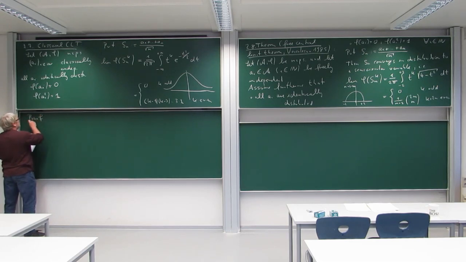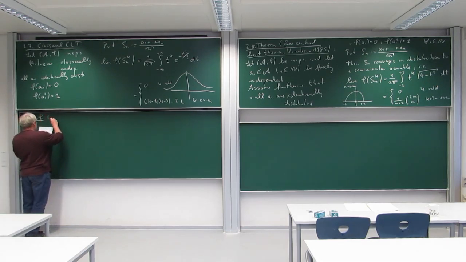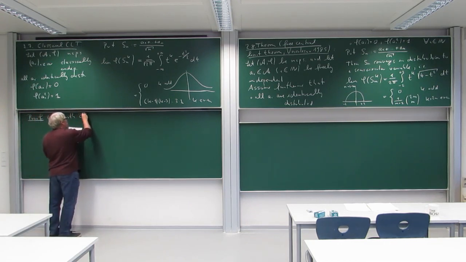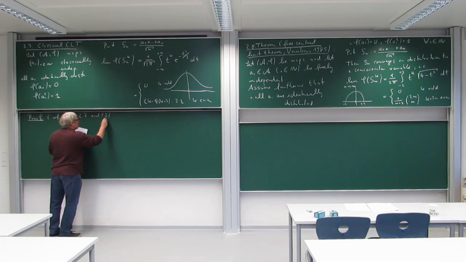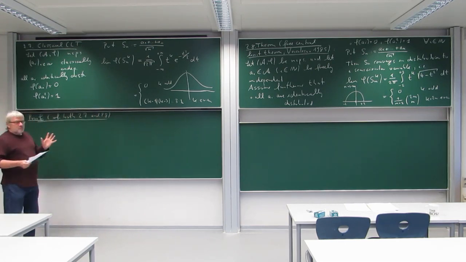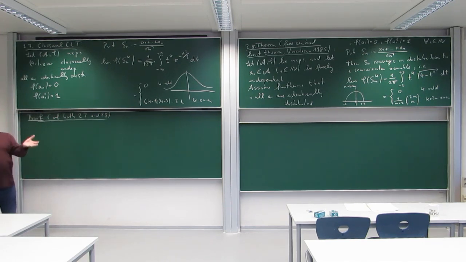Okay, so we do the proof, actually both the classical and the free central limit theorem. Good, so this means at the moment we assume that we have a situation where we have our a_i's which are either classically or freely independent. For the argument at the beginning, it works for both, and only at the end we have to specify in which situation we are.